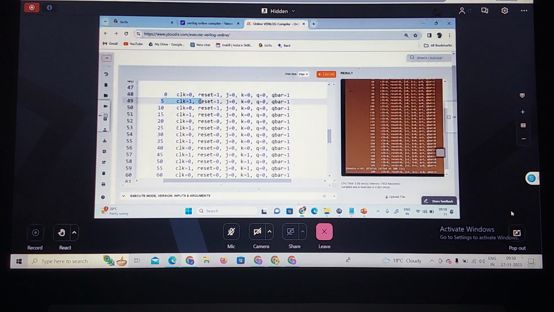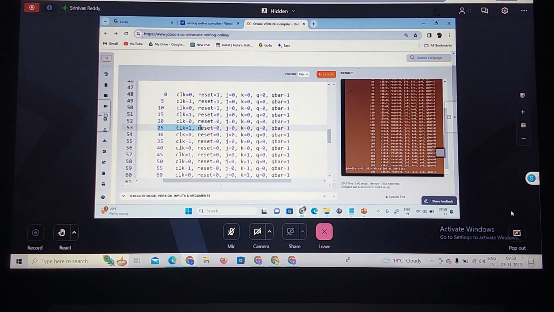So rising edge comes at this point, clock 5. Correct. Clock 1. When reset is 1, Q is 0, Q bar is 1. So then next rising edge comes where? At 15. At 15, when reset is 0, J0, K0, what is the output? Memory state, what it was earlier. Earlier Q is equal to 0, Q bar is equal to 1.